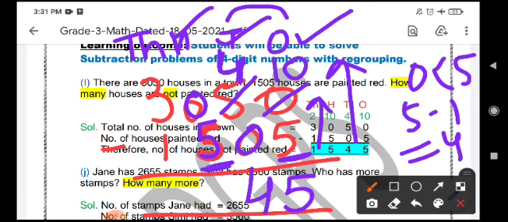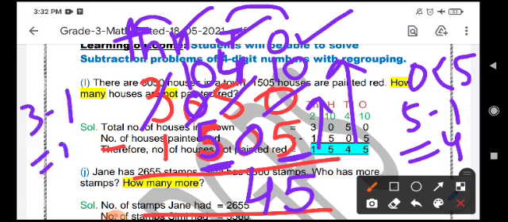You will go to the next door and get 10 more. Okay. When you get 10 more, this digit will be reduced by 1. 3 minus 1 is 2. You will write 2 here. Okay. Now subtract the hundreds digit. 10 minus 5 is 5. 2 minus 1 is 1.